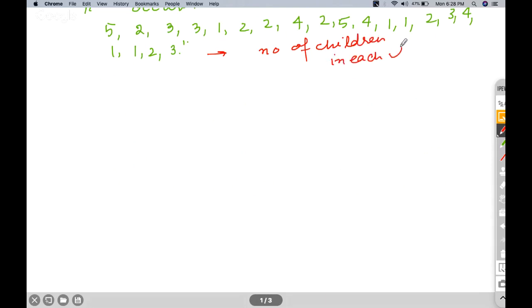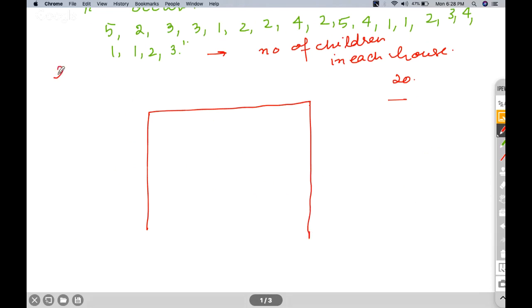So I went to 20 houses and I found out how many children are there in that house. So what I'll do over here is I'll make a frequency table. How to make a frequency table?